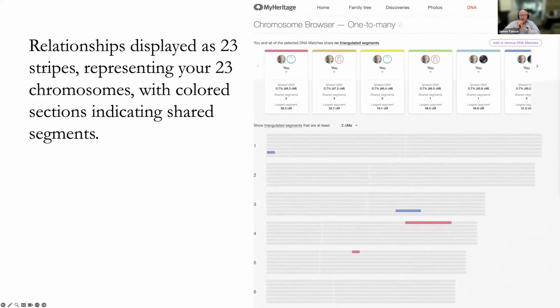You can put in up to 6 people, just enter them and click, or take them out of your family tree. Then it'll show you their segments, and you can see where you're matched, because those colors will show up on top of each other.